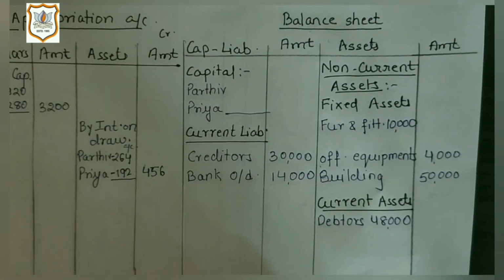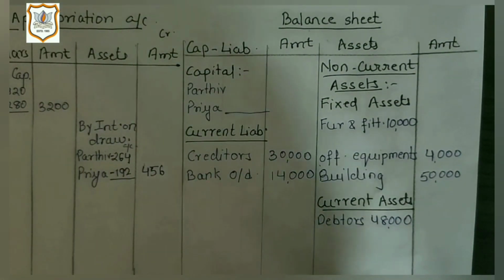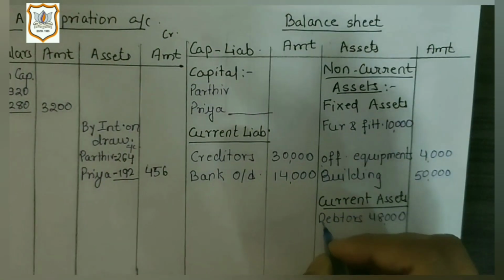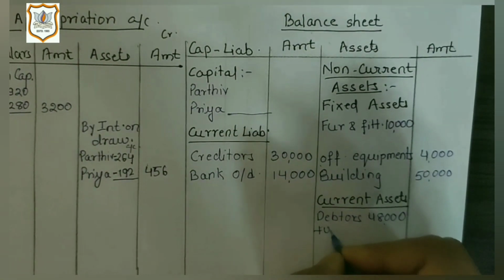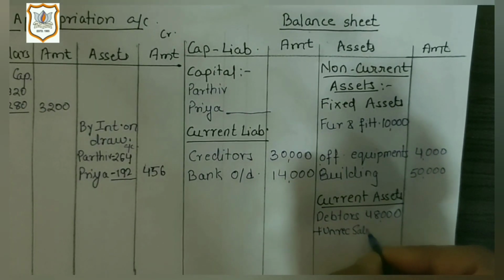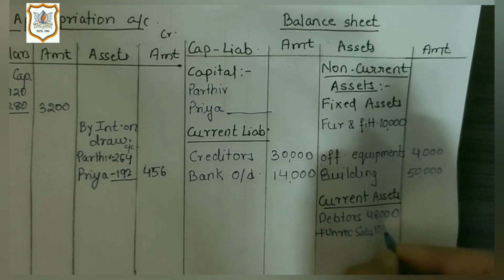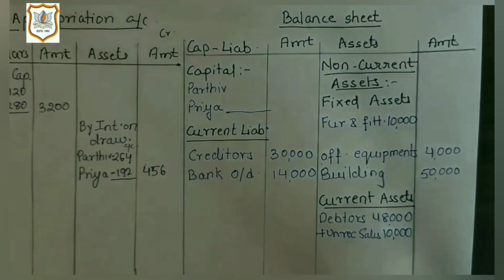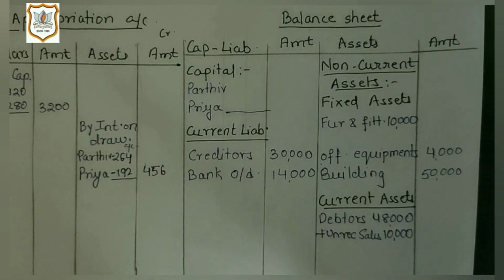Now second effect will be on debtors in balance sheet plus unrecorded sales, 10,000. See, if credit sales increases, then debtors will also increase, because debtor is the person to whom we sell goods on credit.